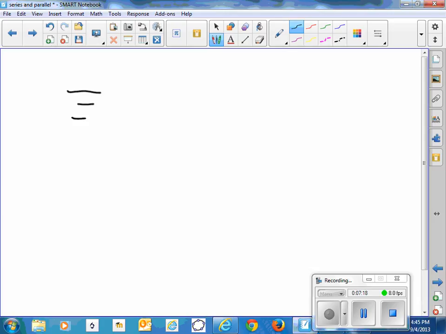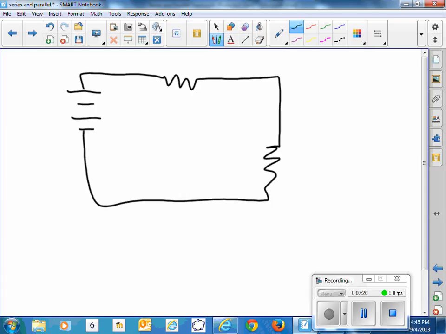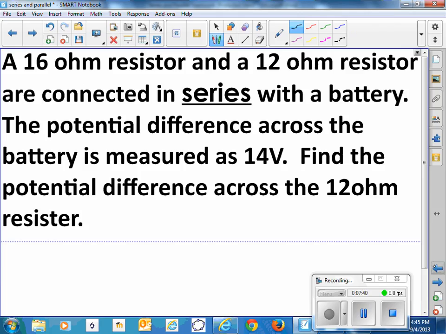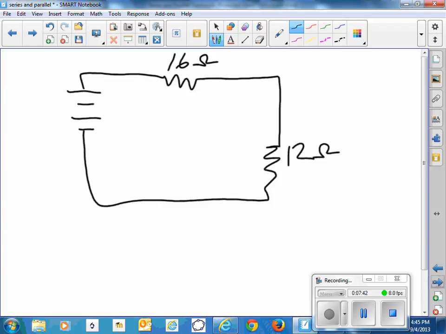So we'll draw us a battery, and we'll draw a resistor and another resistor. And this one we'll say is 16 ohms, and this one is 12 ohms. We know that the battery is 14 volts.